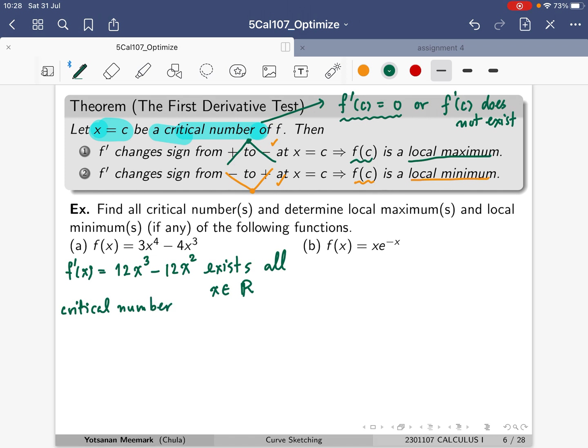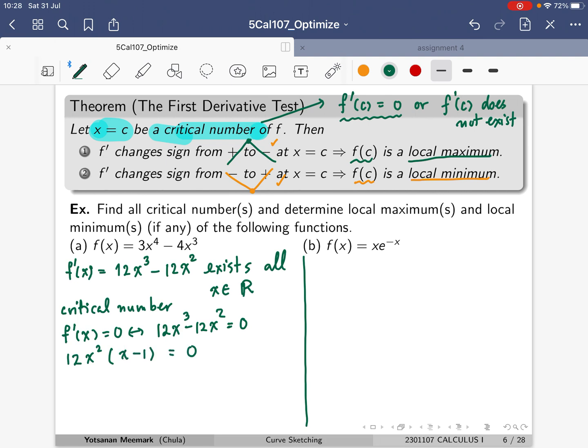So for the critical number, you need your f prime to be 0. It means that 12x cubed minus 12x squared equals 0. And actually you may say, hey, I would like to just get rid of 12. That would be one thing to do. However, for this chapter I encourage you to do it the longer way, so that you don't cancel anything, you just keep it, and just pull out all the common factor like that.